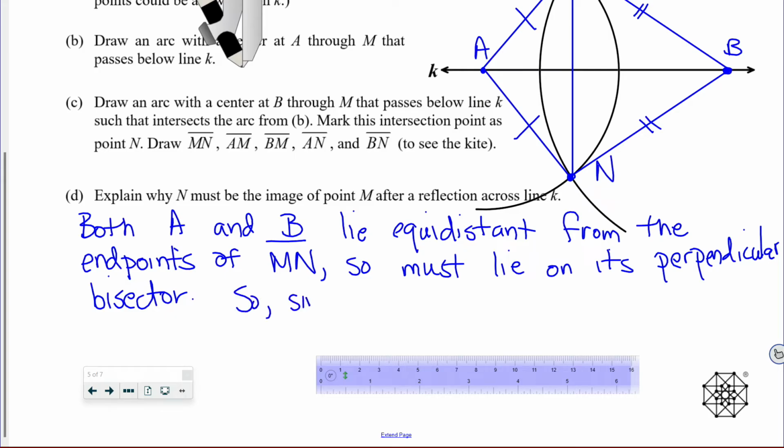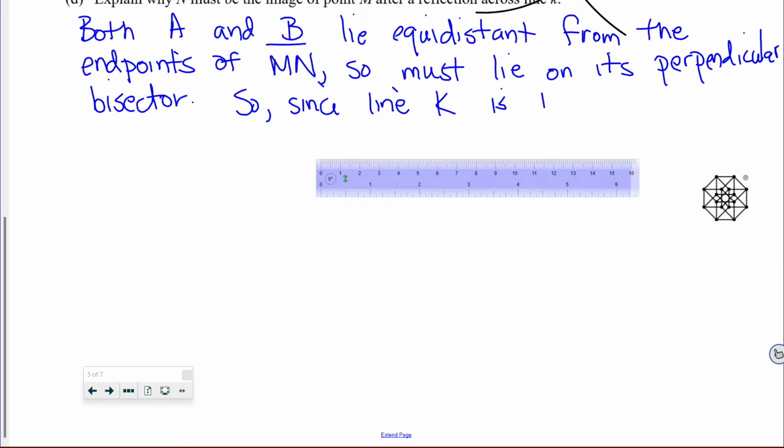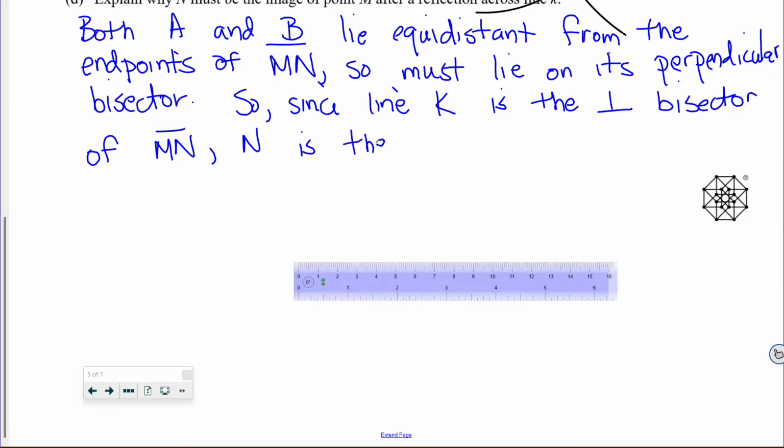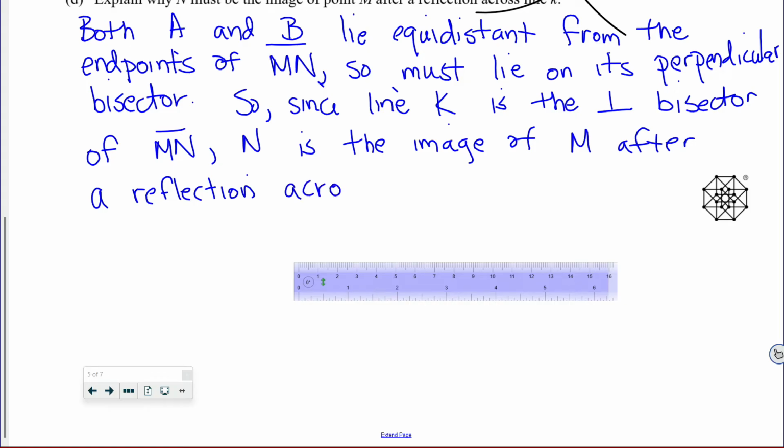So, since line K, let me extend a little bit, is the perpendicular bisector of MN, N is the image of M after a reflection across line K.